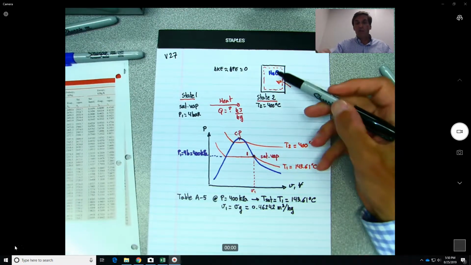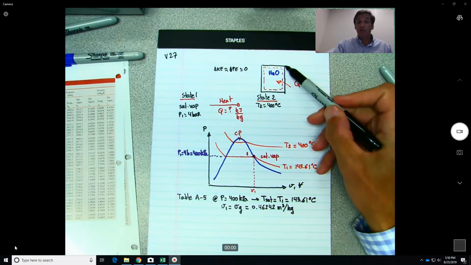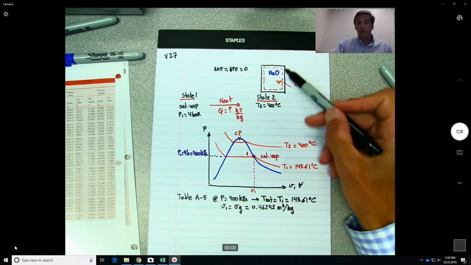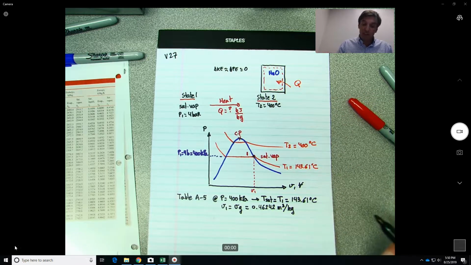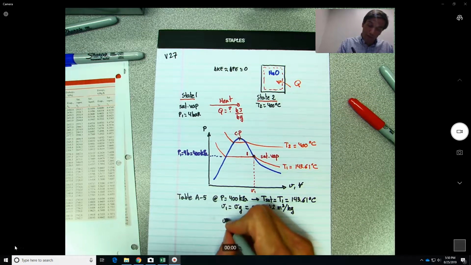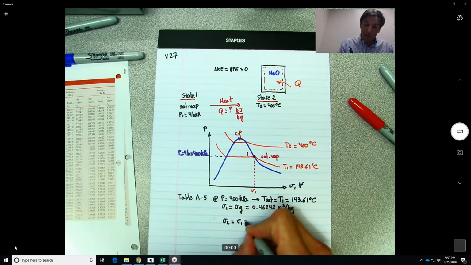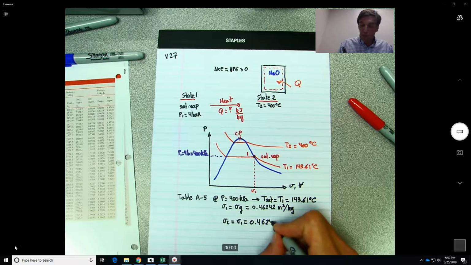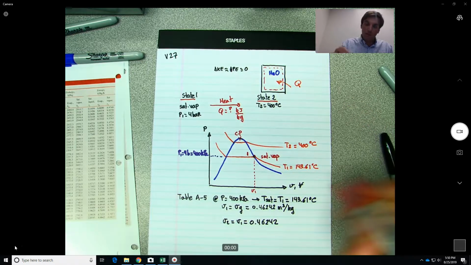Okay, so something important from the figure. This is a closed system, a rigid container. It's not a piston cylinder. So that means that the volume is not going to change. So you can say right away V2 will be equal to V1, and this will be equal to 0.46242. Okay, V1 equals V2.